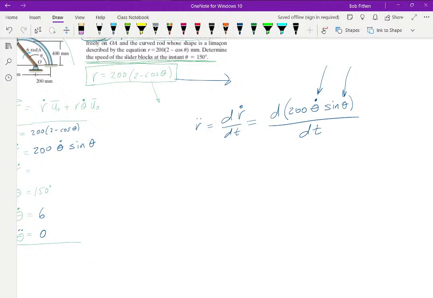And that's what I'm going to do here. I'm going to take the 200 out. So what I'm doing is extracting this out the outside, and then I have two things that are products of each other.